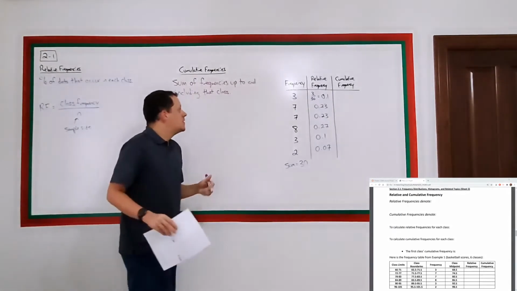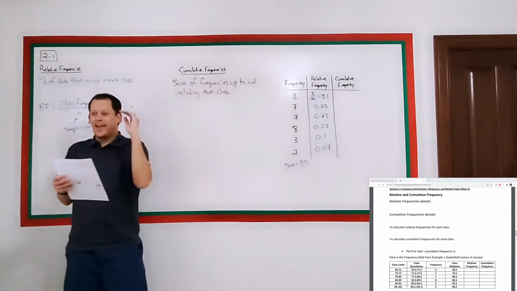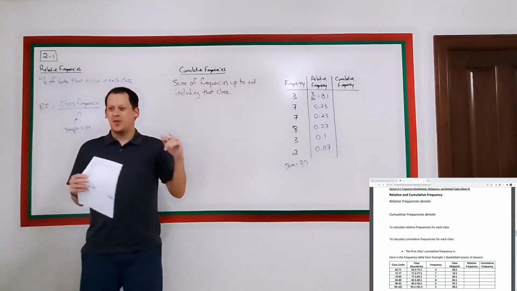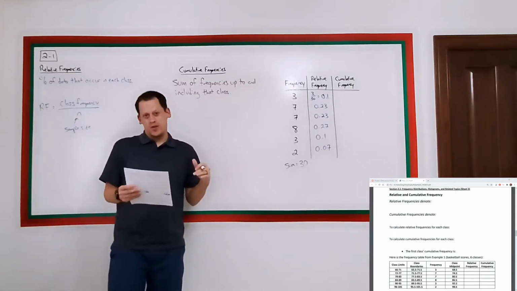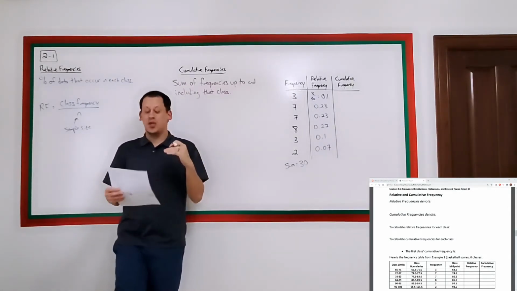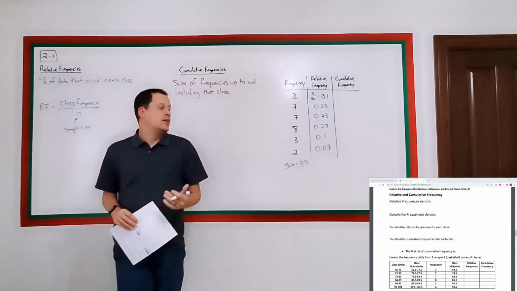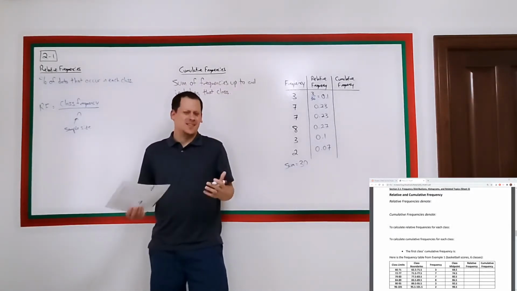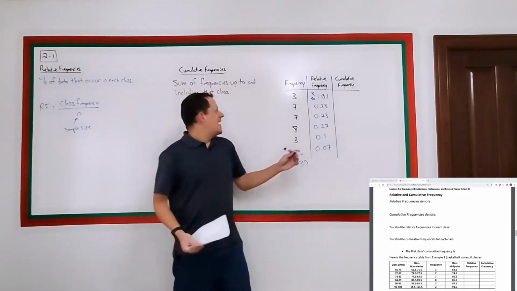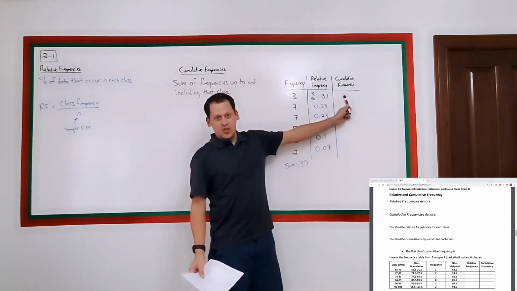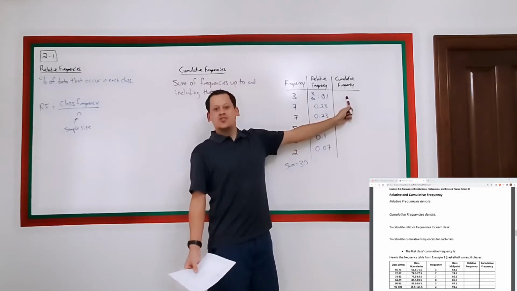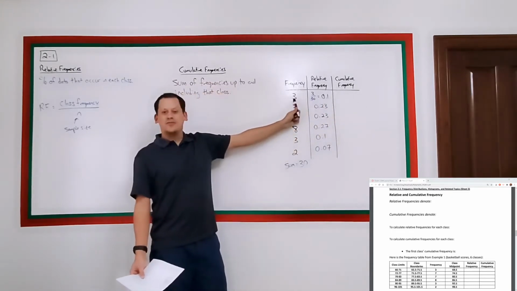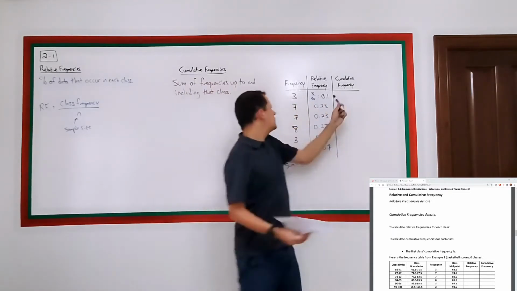Okay. So, at the very bottom on the notes down there, right before the frequency table, it says the first class's cumulative frequency is. So, if you're adding up as you go along, I guess the question is where you start. And for the first class's cumulative frequency, it's just going to be equal to its frequency. So the first one here is going to be 3.